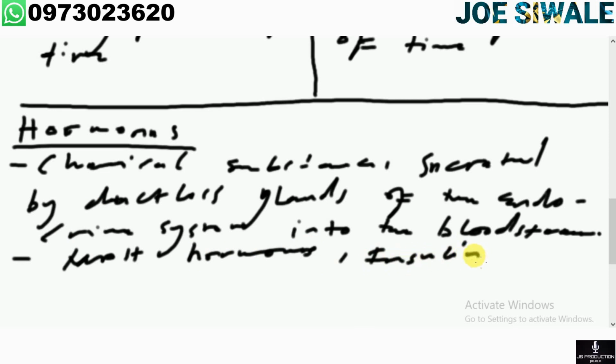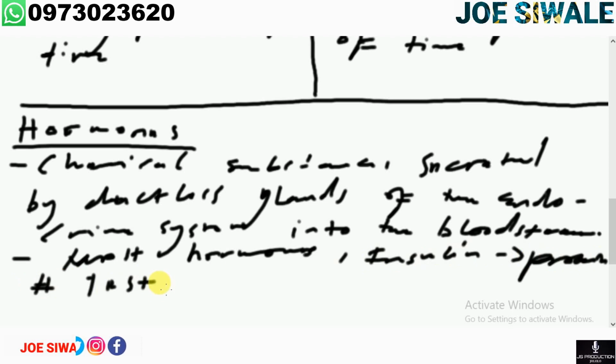For example, insulin is made up of protein. But we have some other hormones that are made up of steroids, for example, testosterone.